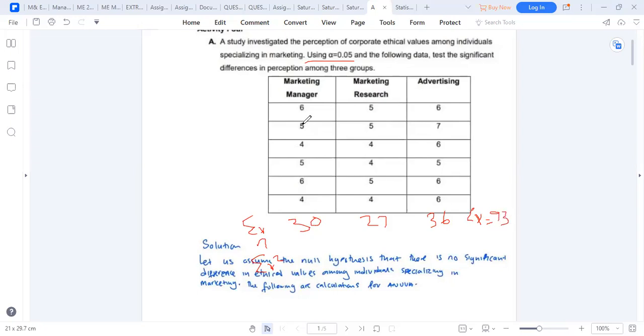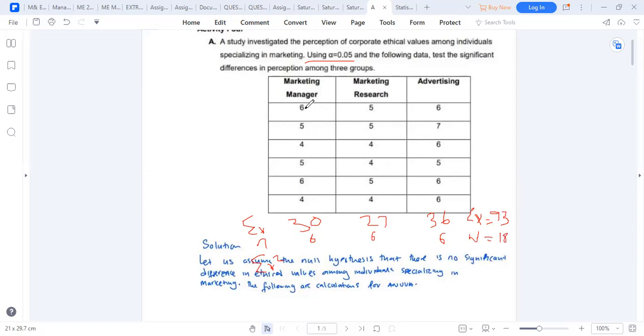Then n, how many are there in here? 1, 2, 3, 4, 5, 6. It's 6, 6, 6. The total here is what? 18.